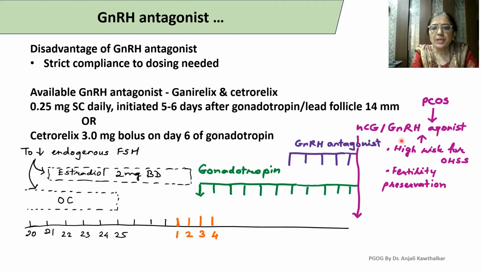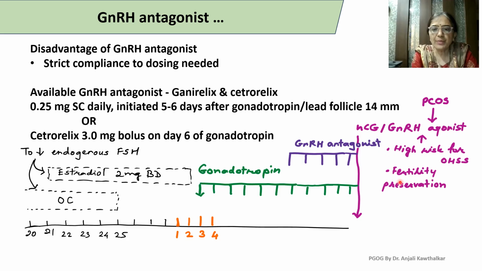Now this GnRH agonist is preferred over HCG. HCG is associated with increased risk of OHSS, and to prevent ovarian hyperstimulation syndrome, GnRH agonist is given, and it can be given whenever we are using this antagonist protocol. So with a high risk for OHSS, such as for example PCOS, this GnRH agonist is preferred over HCG.